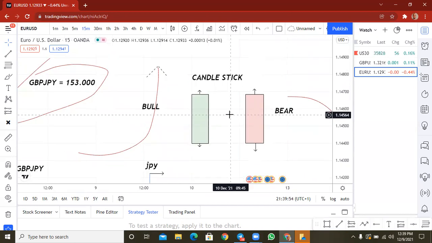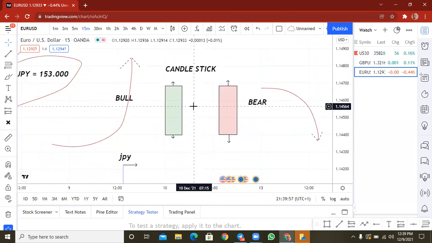So now, there is something I wanted you to understand. If we agree that the green candle is the bull candle, then how does it form? How do candlesticks form? All right, candlesticks form on the chart based on the time frame we are looking at.